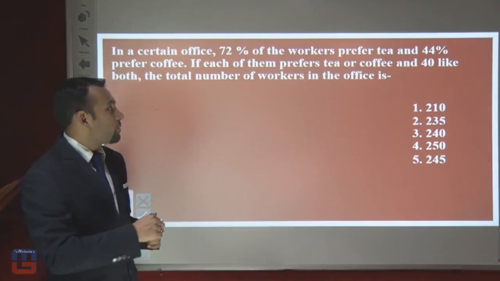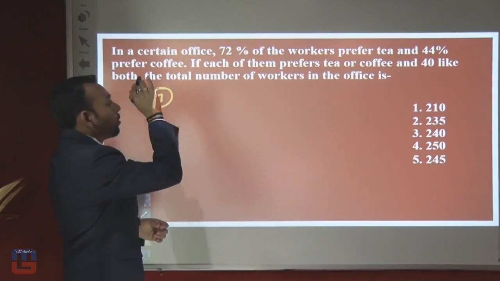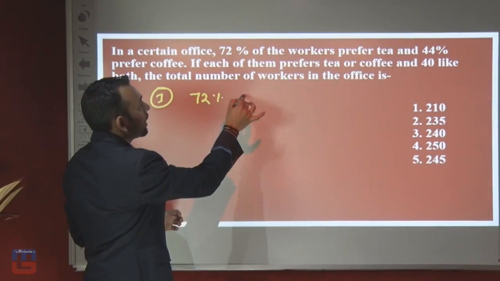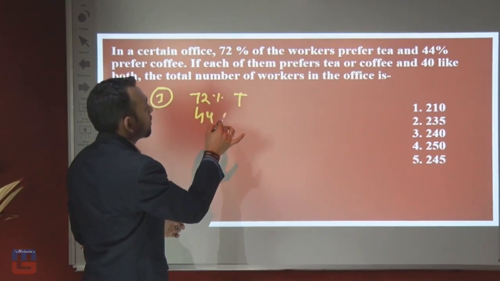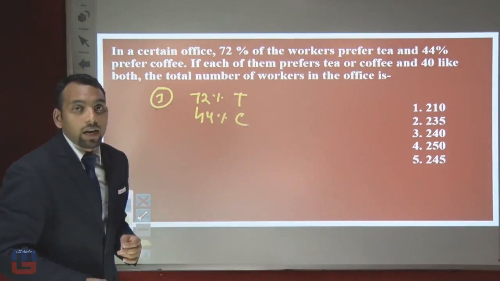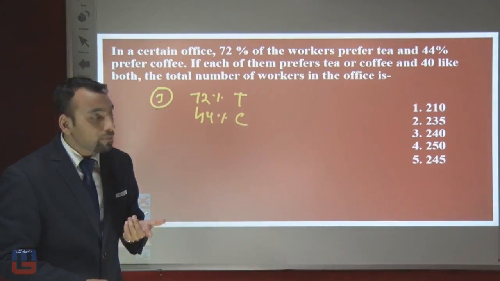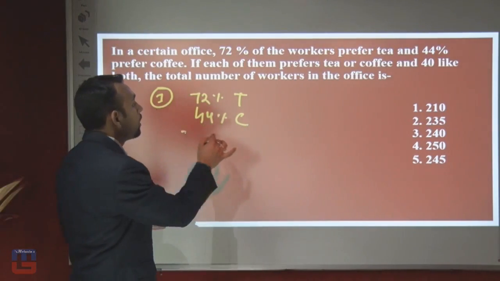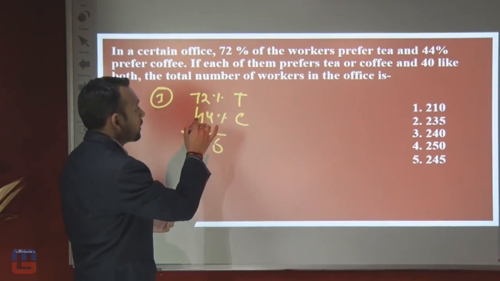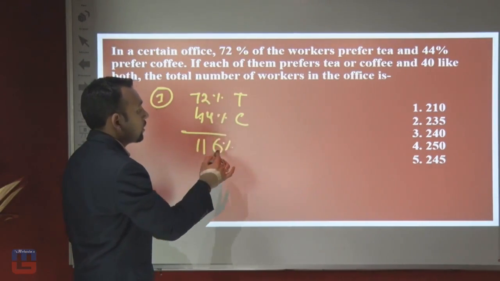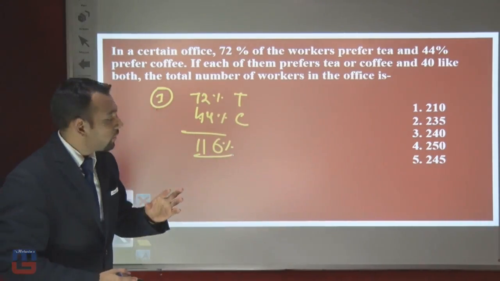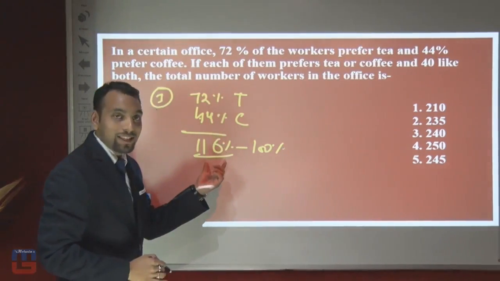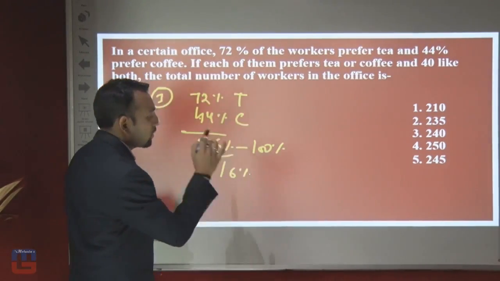Now see, first method directly: you can say we have 72% like tea and 44% like coffee, and 40 like both. So we will find the percentage of both. So what we will do, add these: 72 plus 44, 116% total we have, and the total what we have is 100. So you will subtract 100% from 116%. So here you will get 16%.